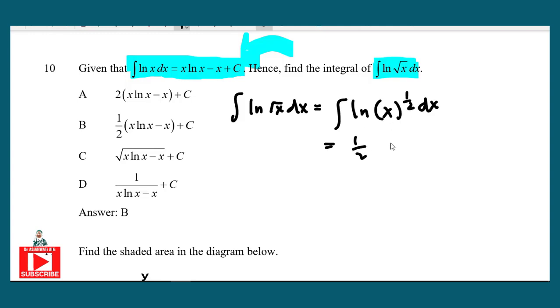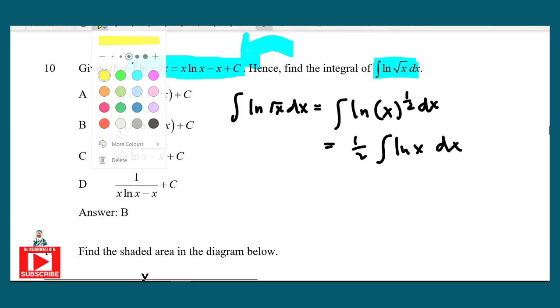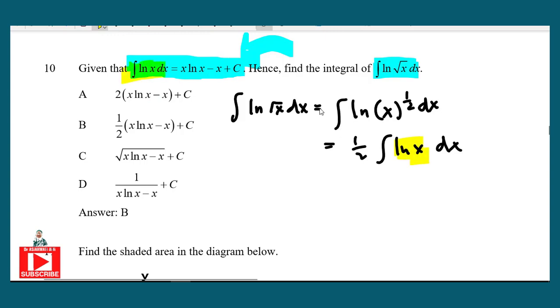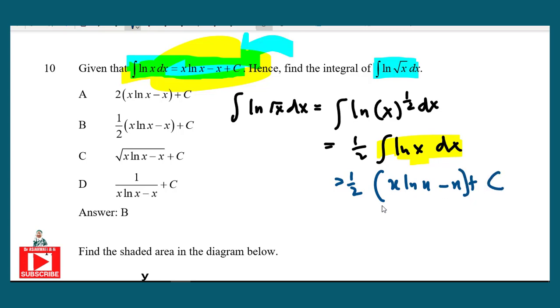Then bring half out, and dx, and check. Okay, this term ln x is equal to this one. That's right. So 1 over 2, x ln x minus x plus c. So the answer is half of x ln x minus x plus c. Number 10.